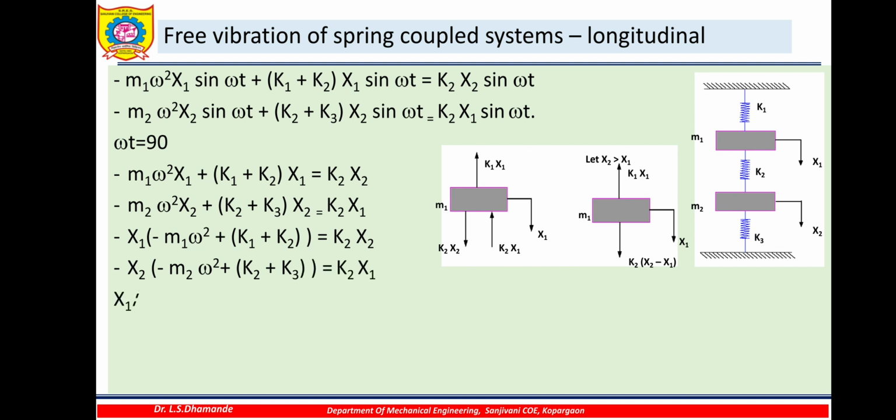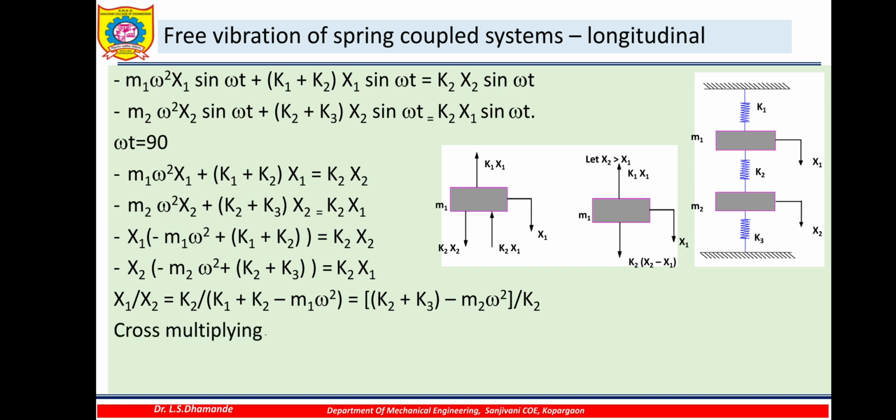Now I will try to find x1 by x2 from this equation. So x1 by x2 will be equal to k2 upon k1 plus k2 minus m1 omega square. From this equation you are getting one value of x1 by x2, and from the other equation you are getting another value of x1 by x2, and that is equated over here.